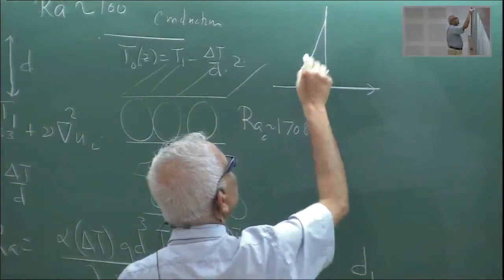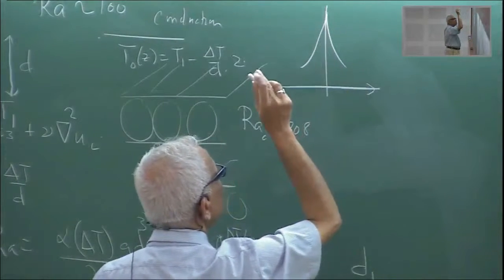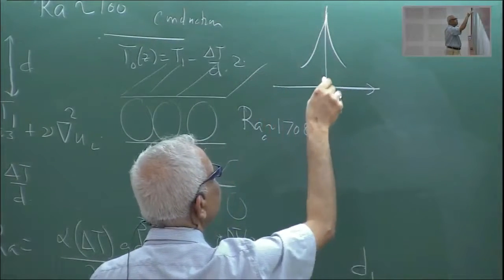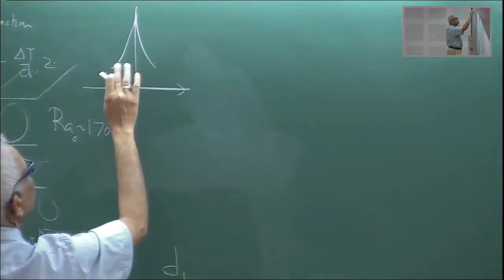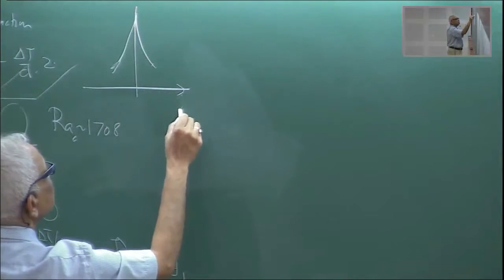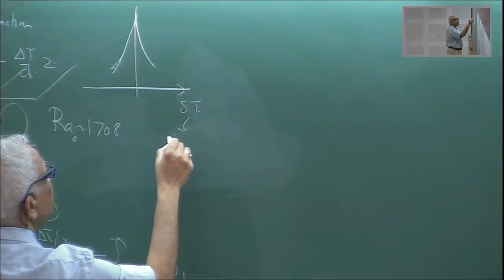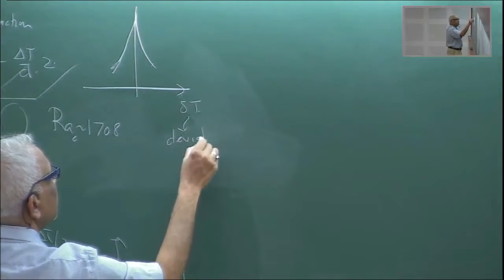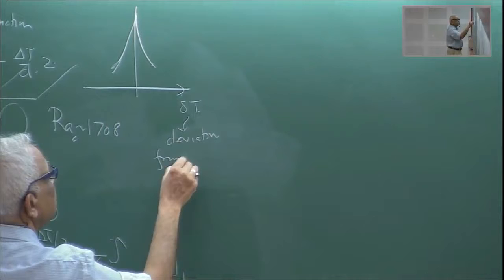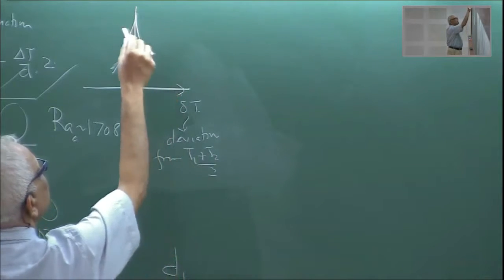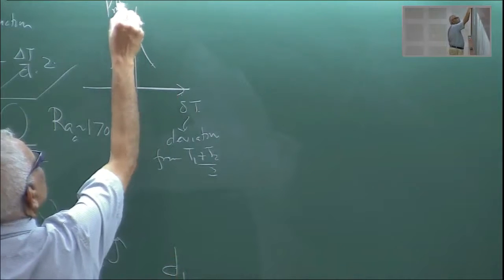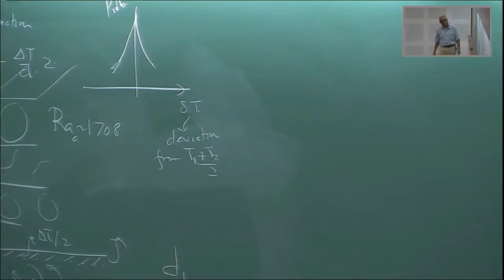If you look at the probability of finding a temperature different from the mean value, then it falls off rapidly. This is delta T, the deviation from (T1 plus T2) over 2, and the probability of the deviation has a sharp fall off.